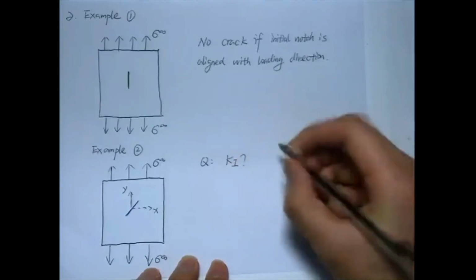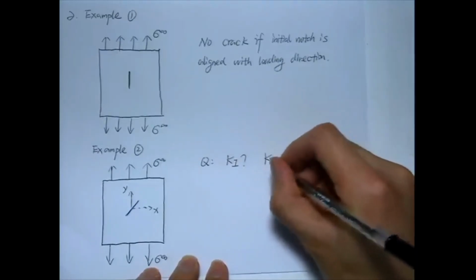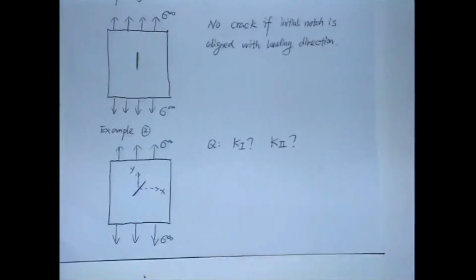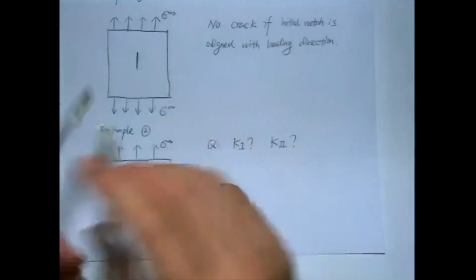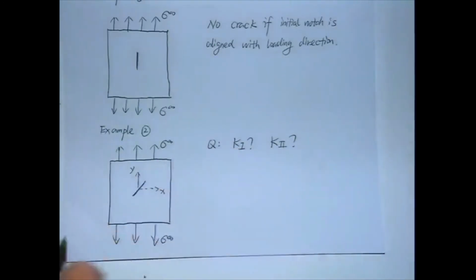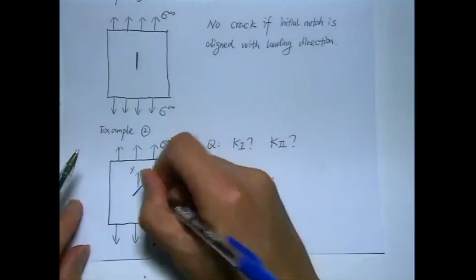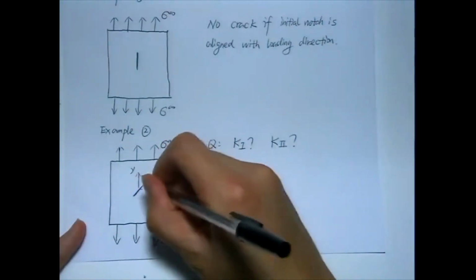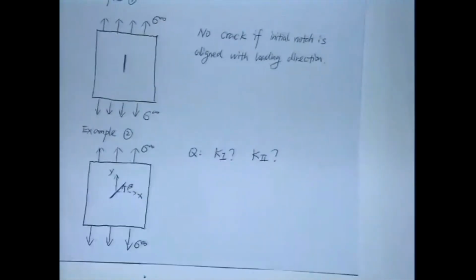What is K_I for this case? What is K_II for this case? Okay? So think about this problem. The crack is inclined to your loading direction. We have an angle here. Let's write this angle beta. Yeah?